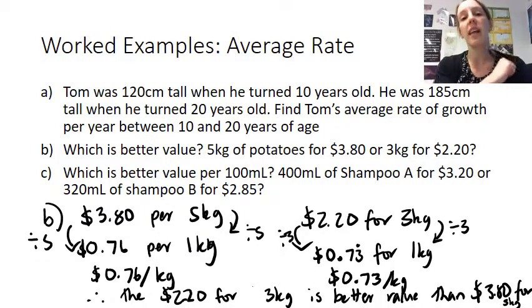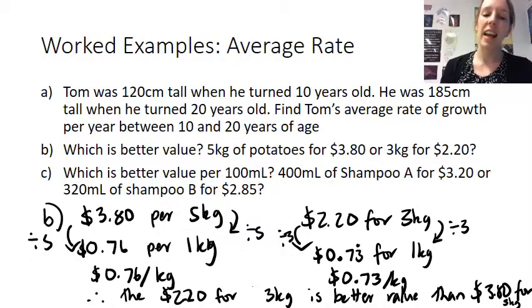Oh, that's terrible setting out. So you can work out the price per kilo and then compare them and work out which is cheaper per kilo to find out which is better value. So the $3.80 for 5 kilograms worked out to be 76 cents per kilogram. The $2.20 for 3 kilograms worked out to be 73 cents per kilogram. So therefore that one's better value because you're paying less for a kilo.